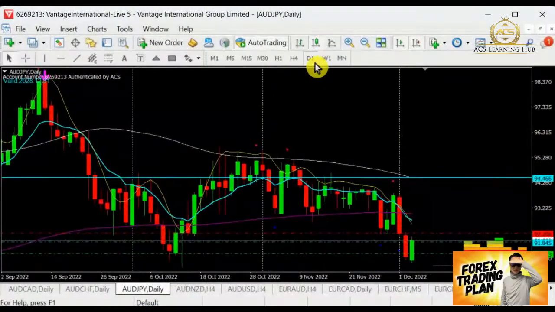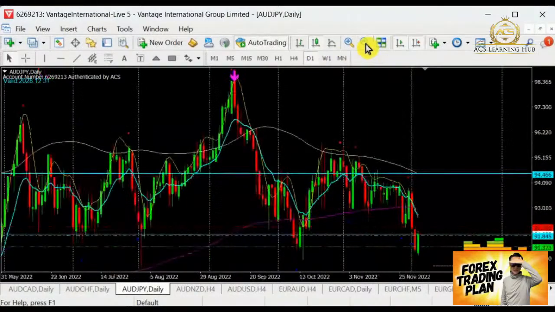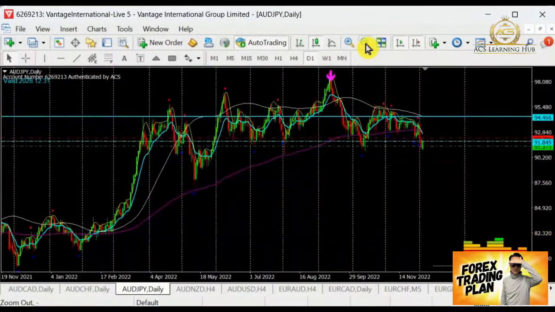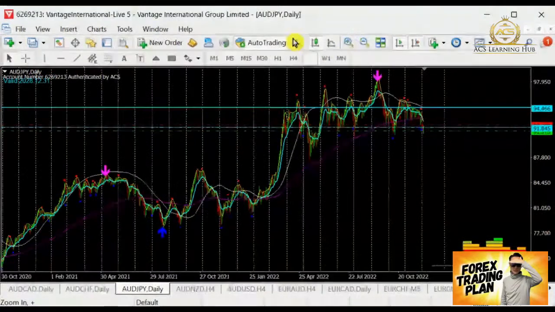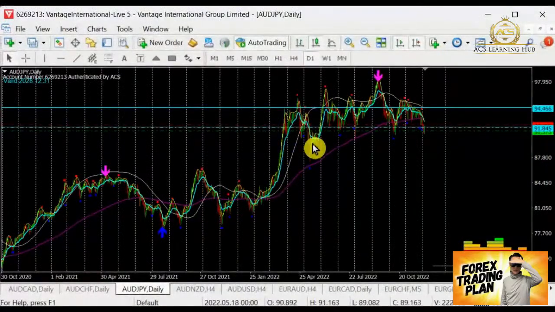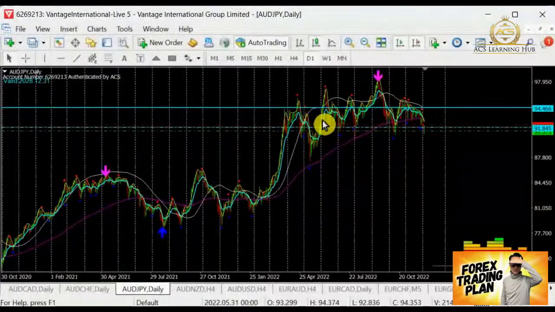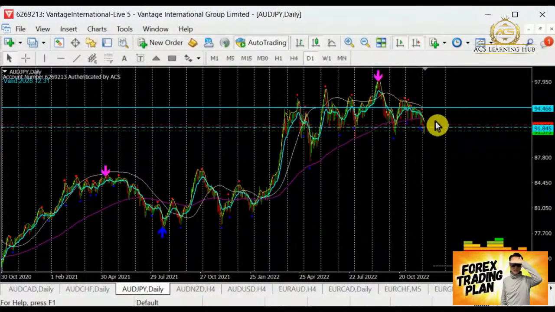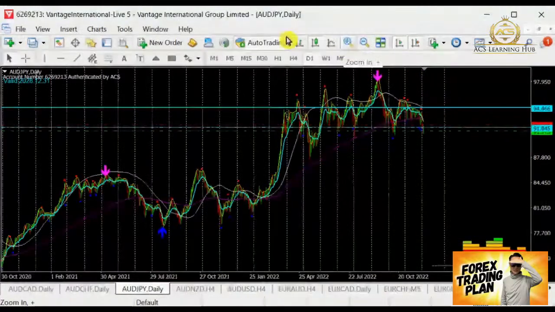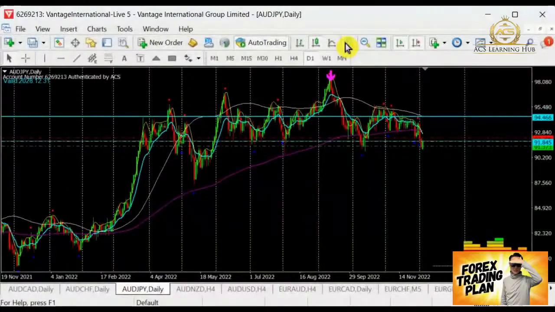Right, so next to go, Aussie yen. Take a look at Aussie yen. So far we can see that it's on the bull side escalating up. Now it looks like we are going into a consolidation area. So right now in this area, I will say that we are in the transition to the bear.